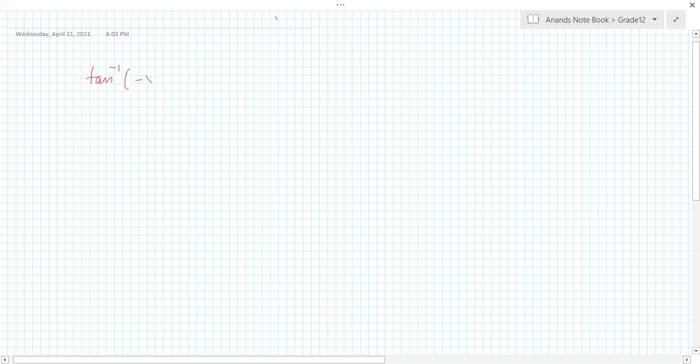Tan inverse of minus x, we have to prove that it is equal to minus tan inverse of x. X belongs to R. So we will take this fellow. We'll say let tan inverse of minus x equal to theta. Minus x is equal to tan theta.